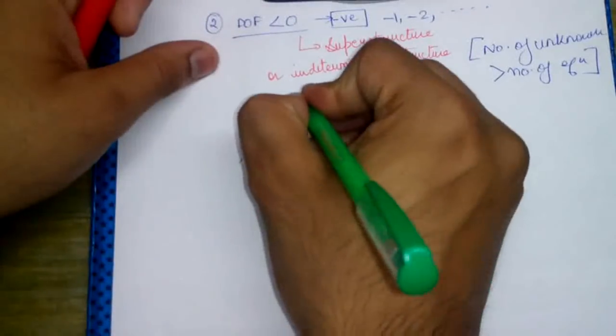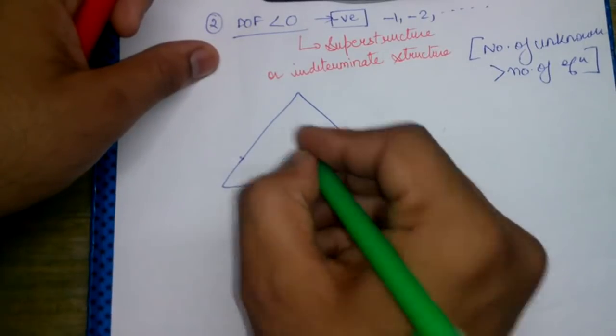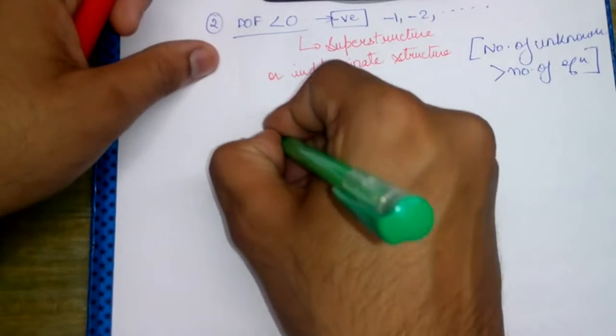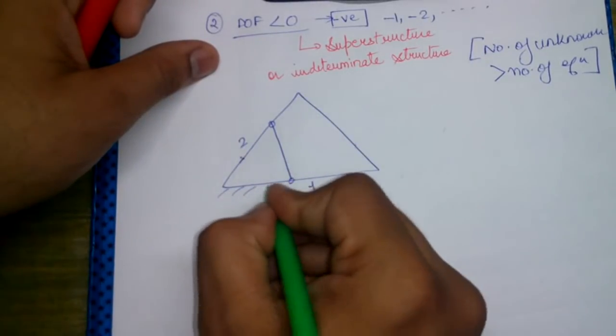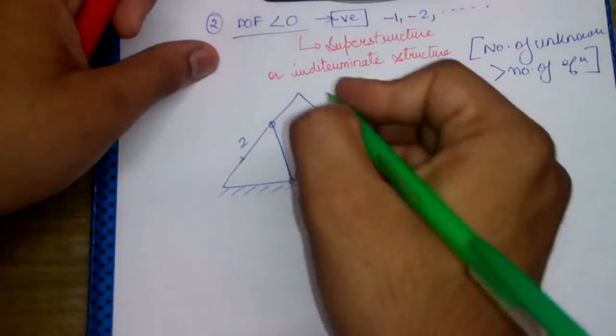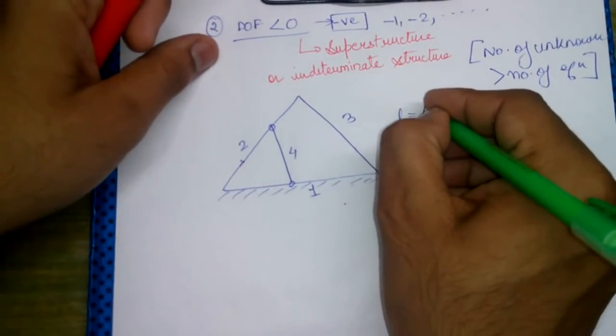Now, for example, this is link number 1, this is link number 2, and we are joining another link like this: 1, 2, 3 and 4. So the number of links is 4.